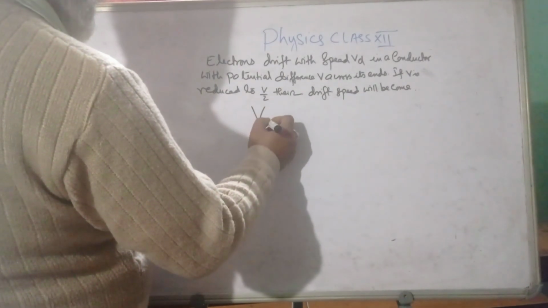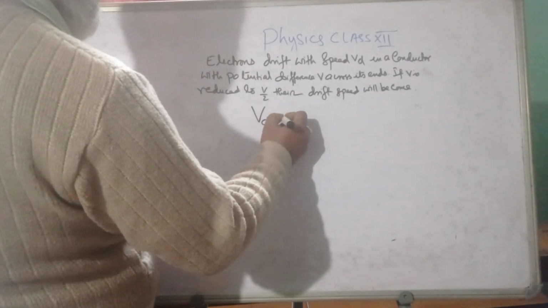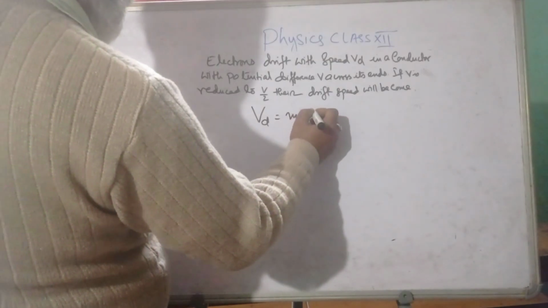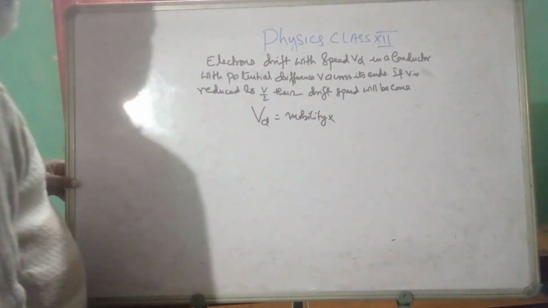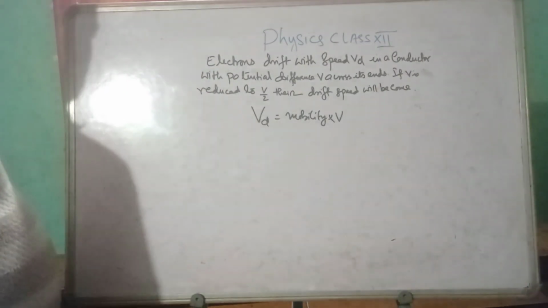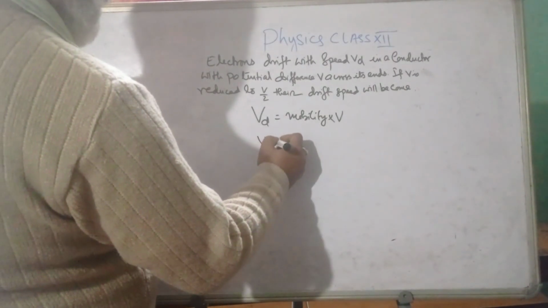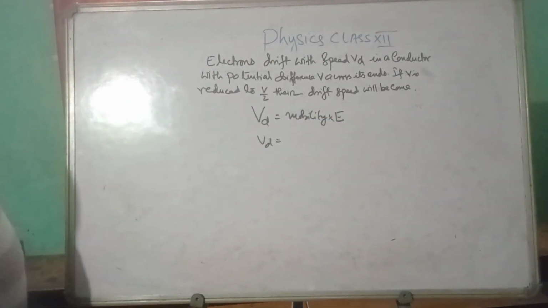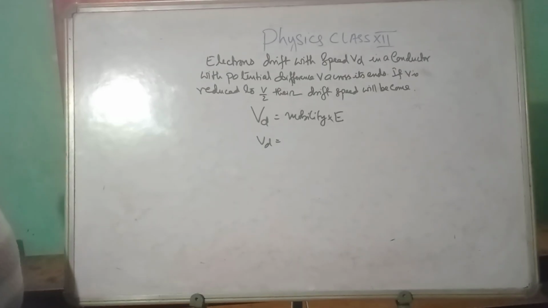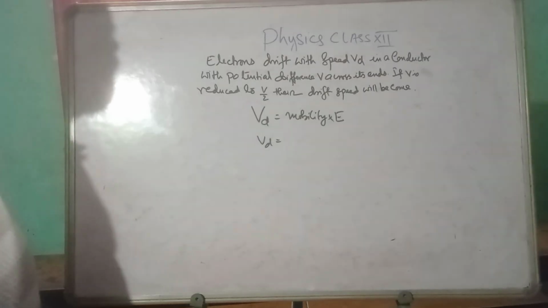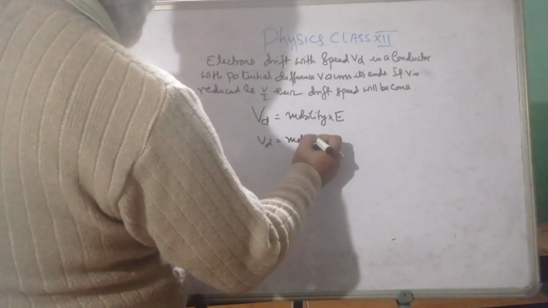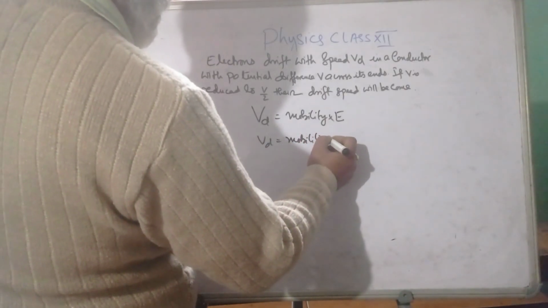The relation between drift velocity Vd and potential difference: drift velocity is mobility into electric field, and we know that electric field is V by L. So Vd is mobility into V by L.